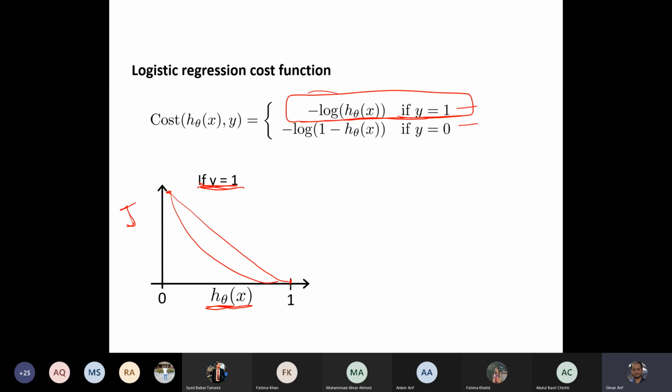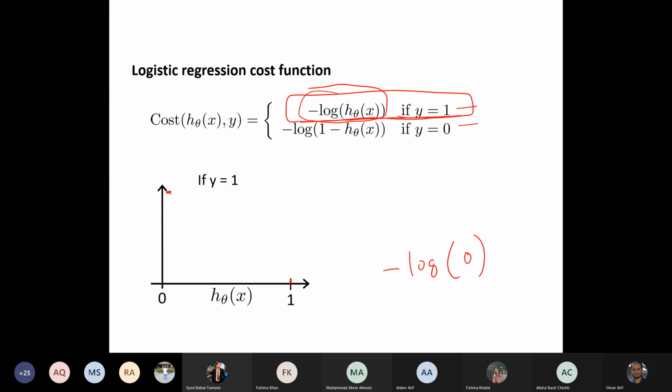But let's see what this equation gives me if I plot it. So minus log of 0, what is this? Because if my prediction is 0, then at this point, where should I plot it? Can anyone tell me? Compute the log of 0. What is that?